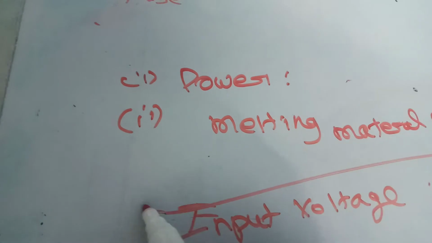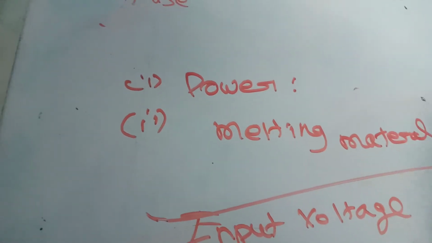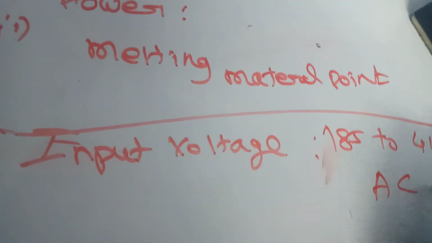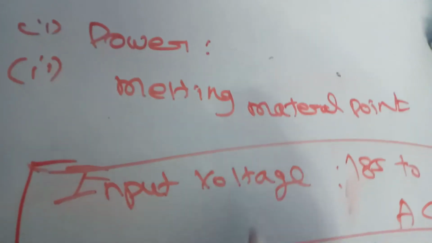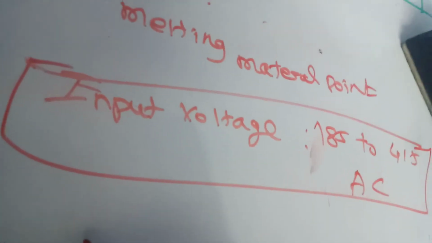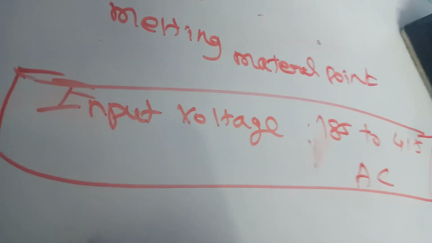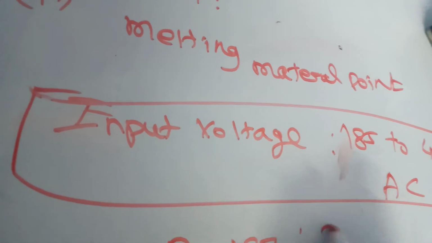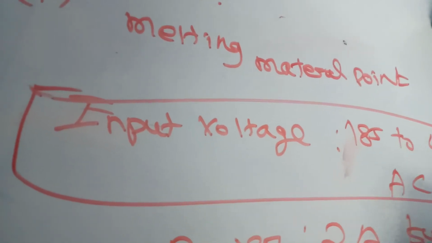Is this DC? No, this is AC voltage, 185 to 415 AC. With AC voltage we can't say exactly how many amps are coming, so according to the power, we are using a 2 amp fuse.